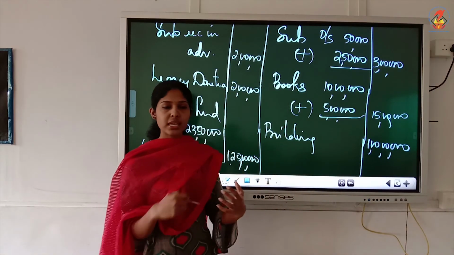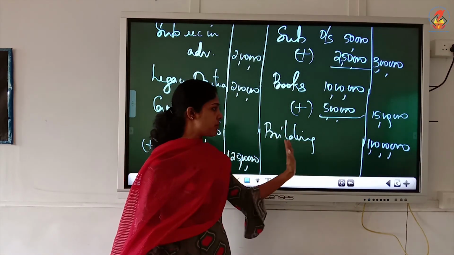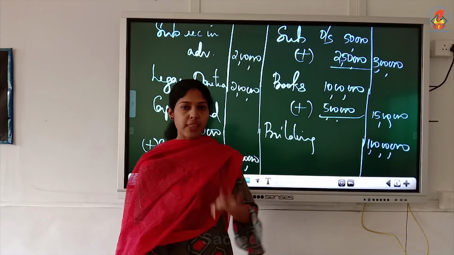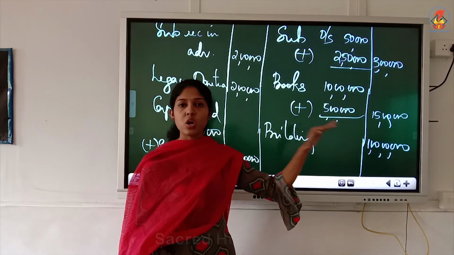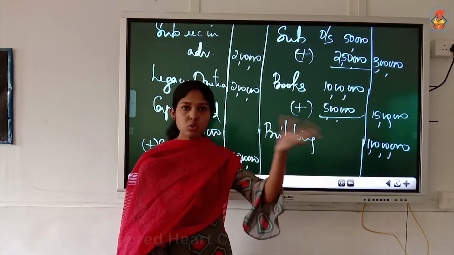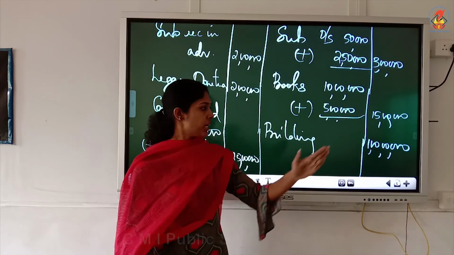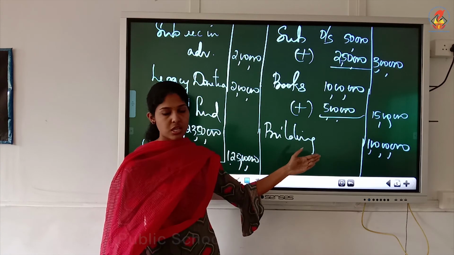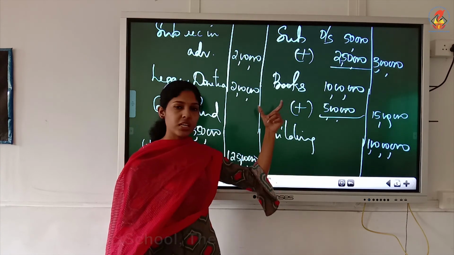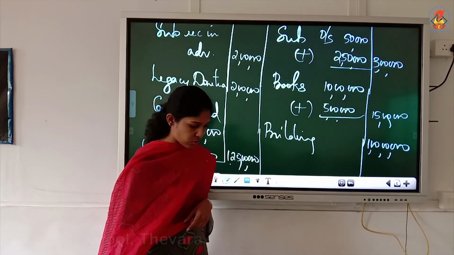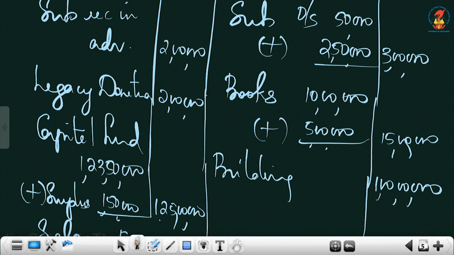Suppose you have a transaction like during the year we sold building for rupees 1 crore. That means this particular value will not appear, or building was sold for 2 crore, then also it will not come. Whatever it is, if it is sold, it will not come in the closing balance sheet. Otherwise, the opening figure will come in the closing balance sheet also.